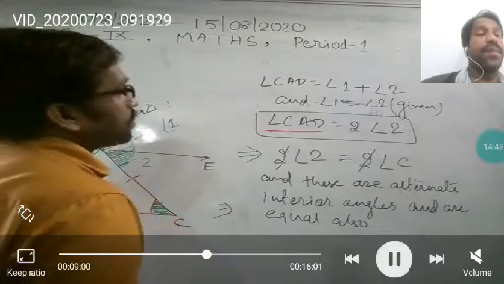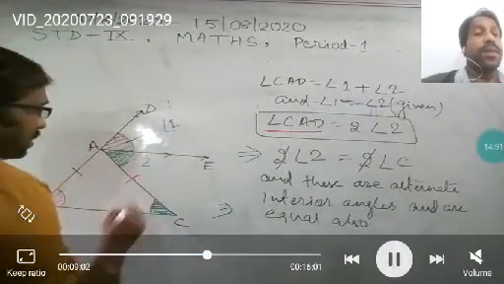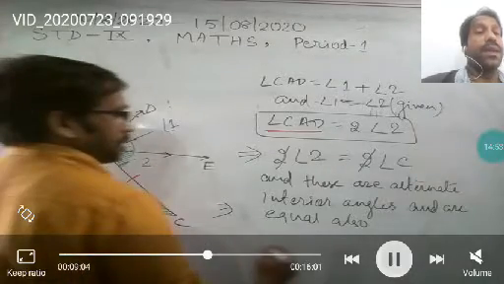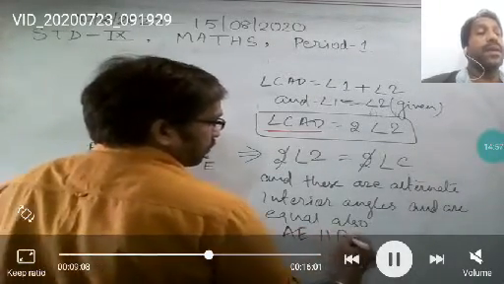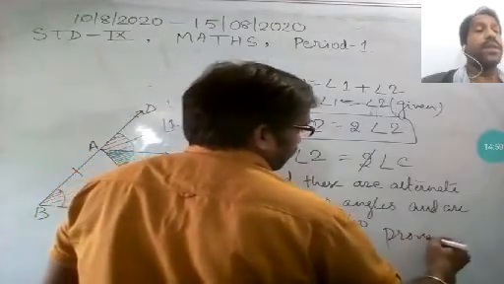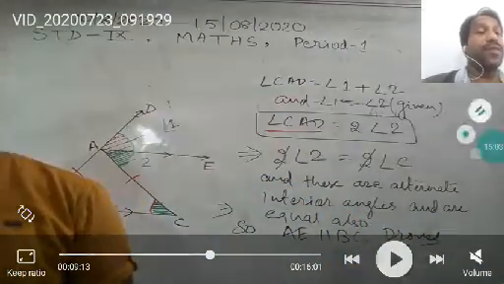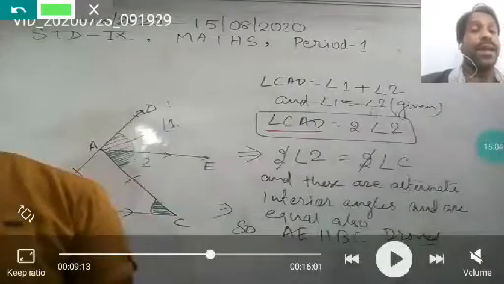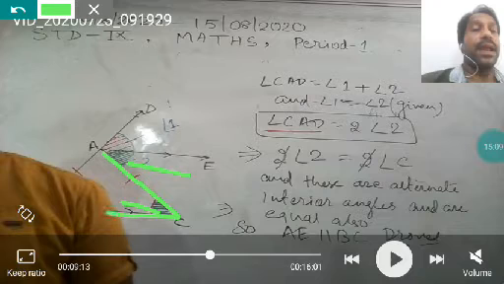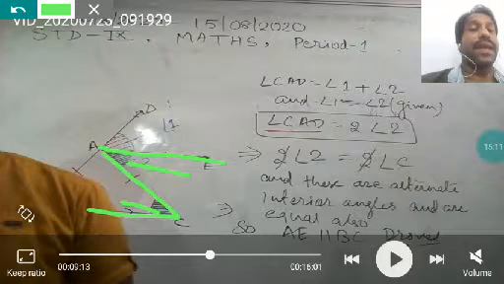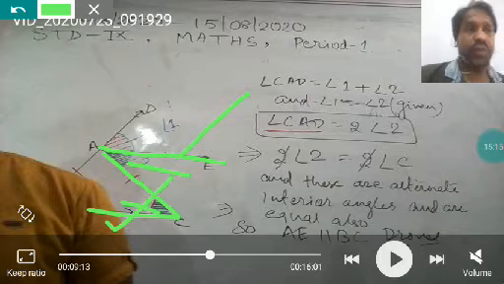See, these lines are parallel because the alternate angles they form are equal. So in this question this angle is equal to this angle, and they are alternate angles, so these lines are parallel, and this was our question also.